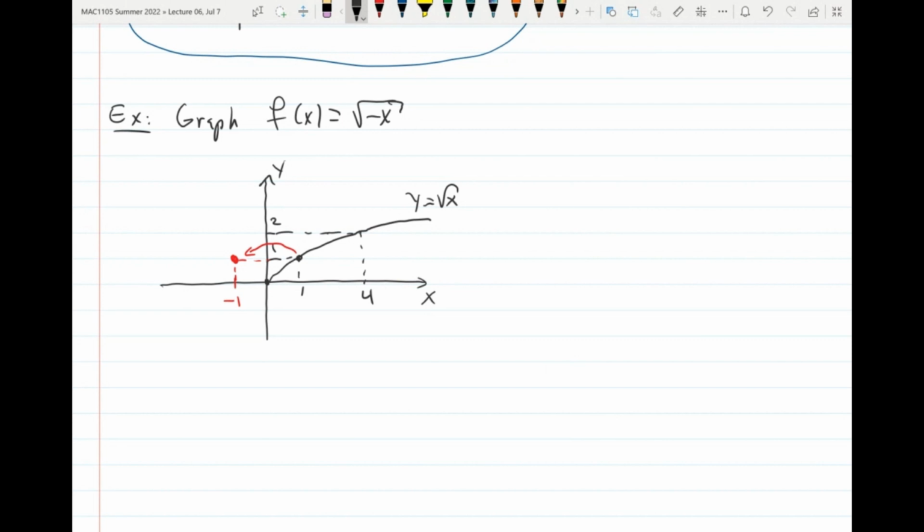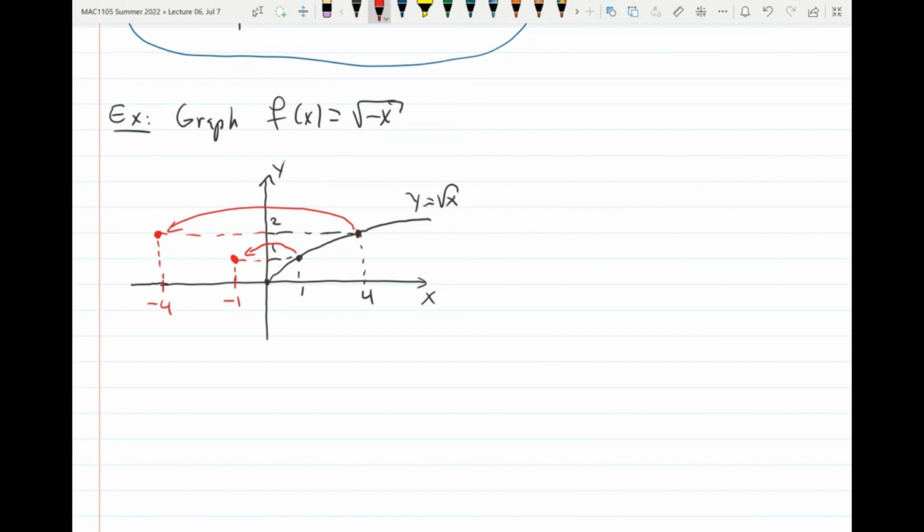So that means you're forced to go this way. Let's say over here, if you want to go up to 2. In other words, this point that was here is sent over here, okay? And so on and so forth.